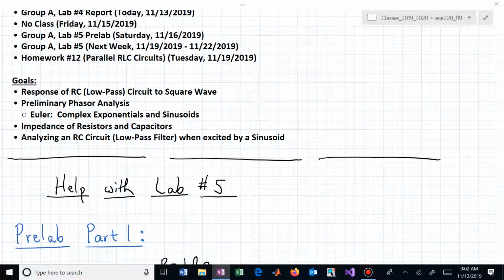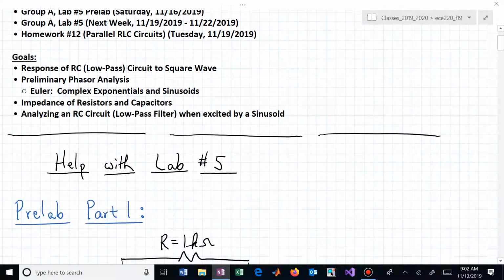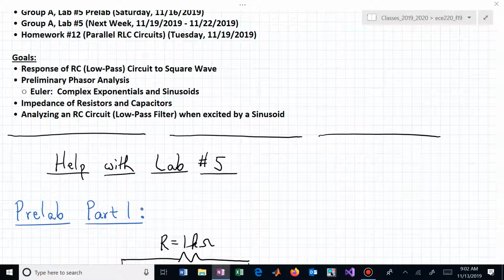I didn't say, but homework number 12 is due next week, and I think we'll have about 15 total homeworks. We're having one every week, and so in keeping with that strategy, homework 12 is due next Tuesday.